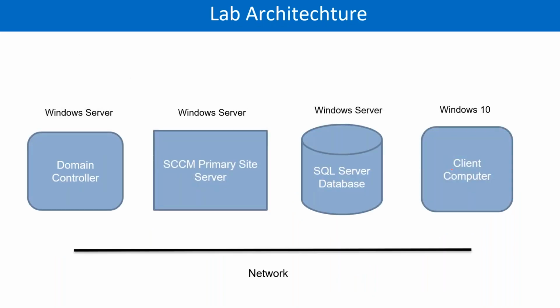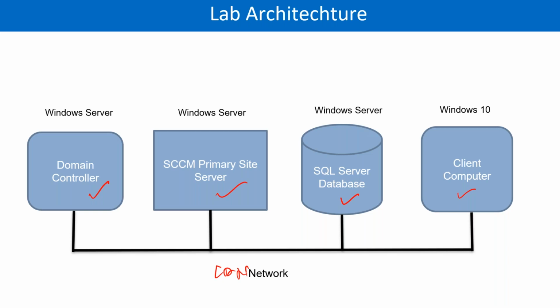Then the lab architecture is going to be like this. We will have multiple servers, like one domain controller, a second Windows server, which is going to be the primary site. Then we will have a third server, the database SQL server, and one Windows 10. So 4 computers will be there. All will be on the same LAN network so that they can connect to each other.